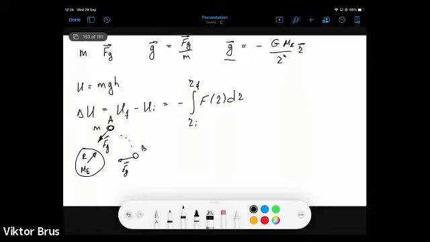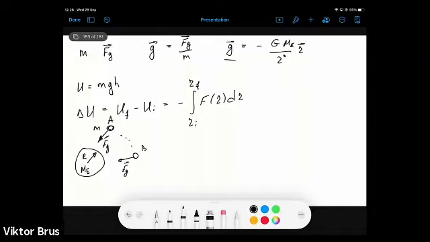And while this object is moving from initial to final position, there will be some work done by this conservative gravitational force, which in this case is considered an internal force of the system.